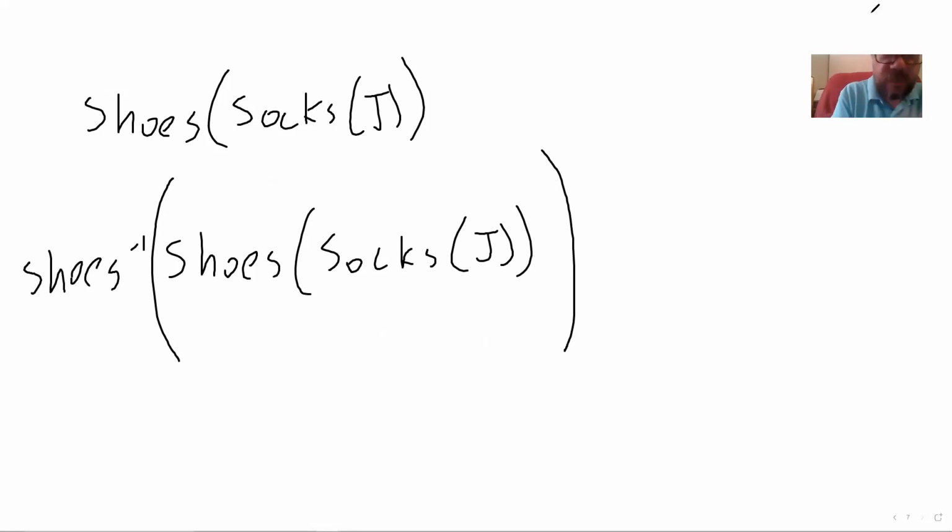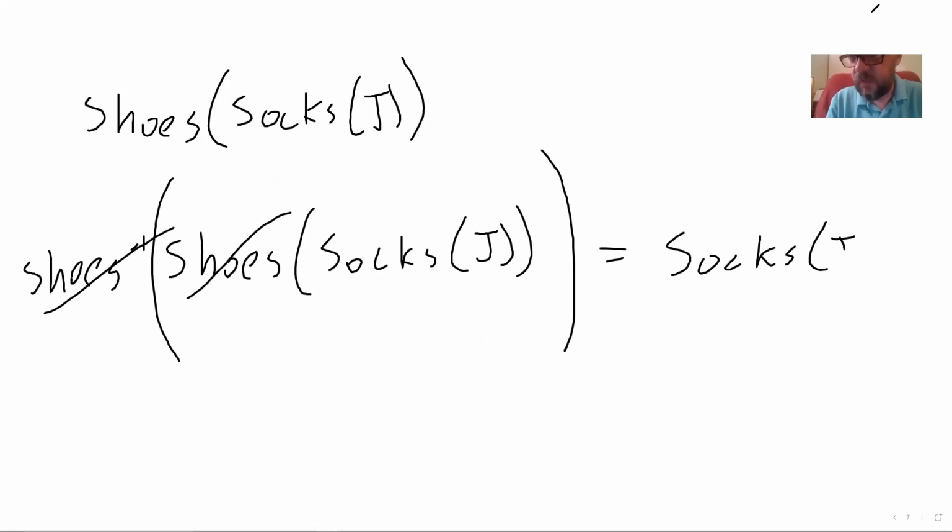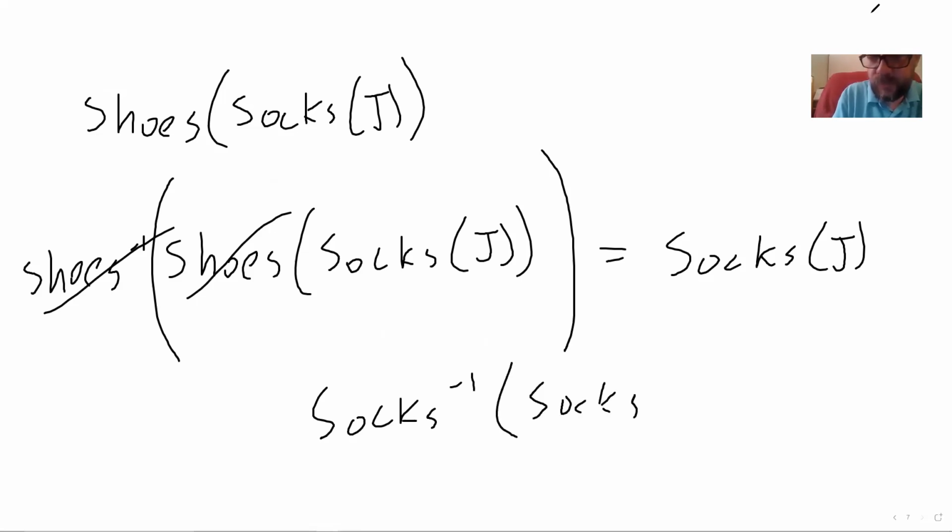Because that would take the shoes off that are on the outside. They're in the outer layer. So those cancel, leaving me socks of J, which is to say, I have socks on now, but I don't want socks on. I want to have bare feet. So I have to do socks inverse to the result. So I have to do socks inverse of socks of J. And that gives me just J.